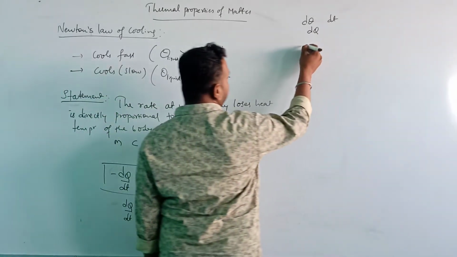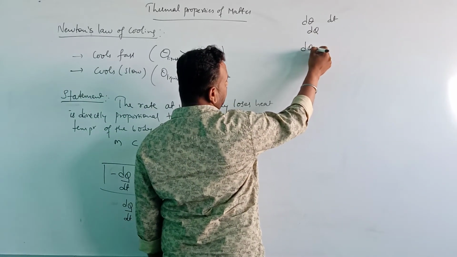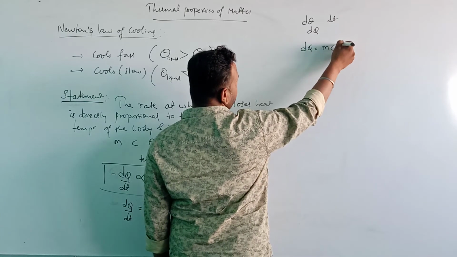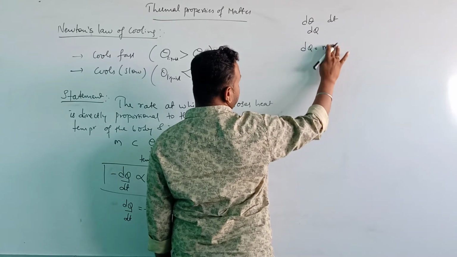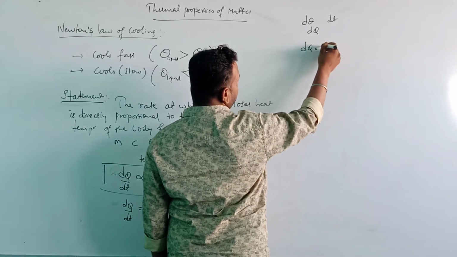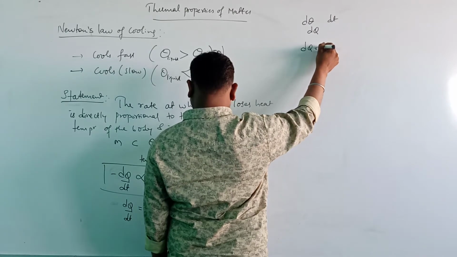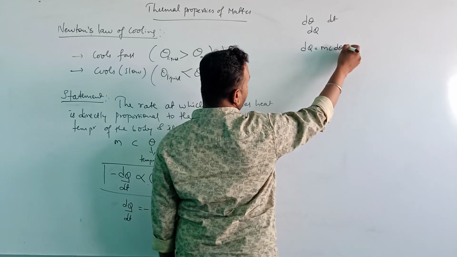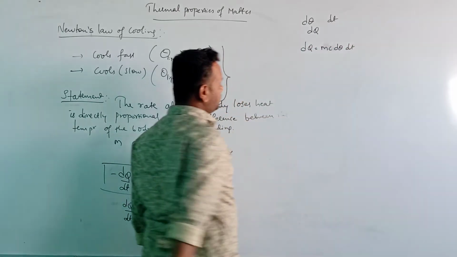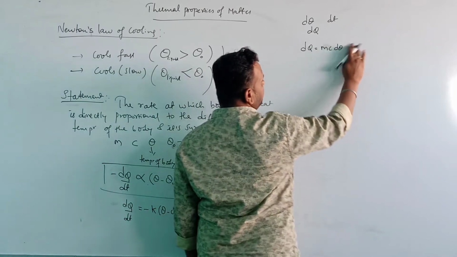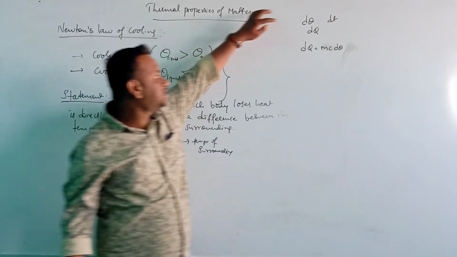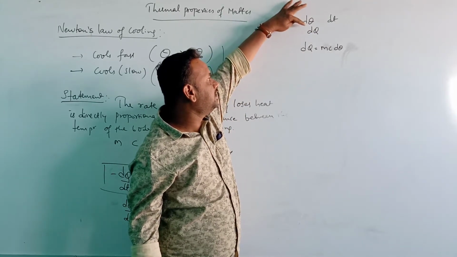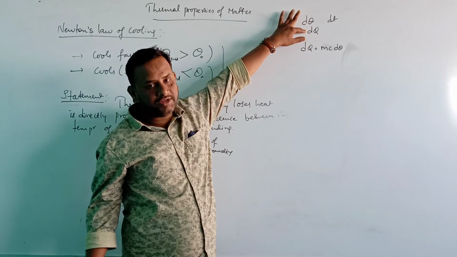So I can write dQ is equal to m into c into d theta.